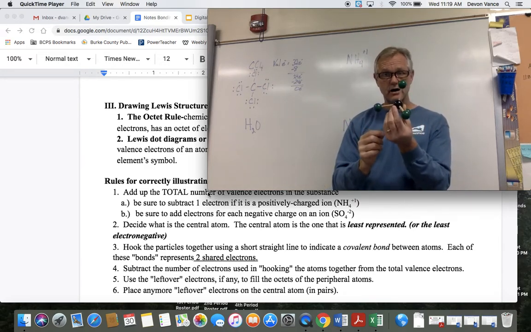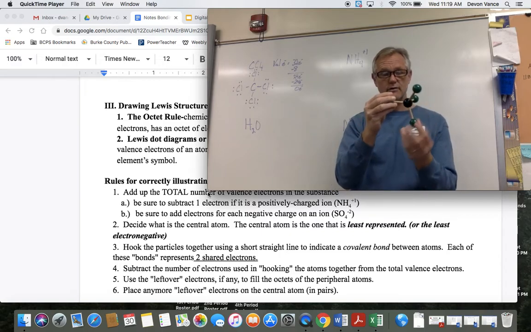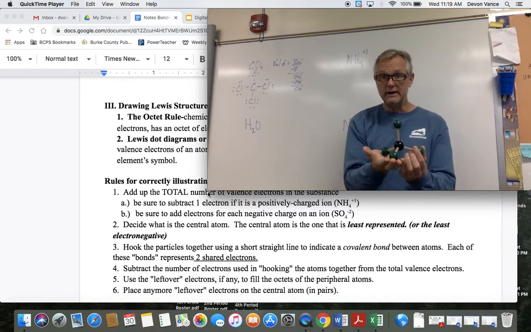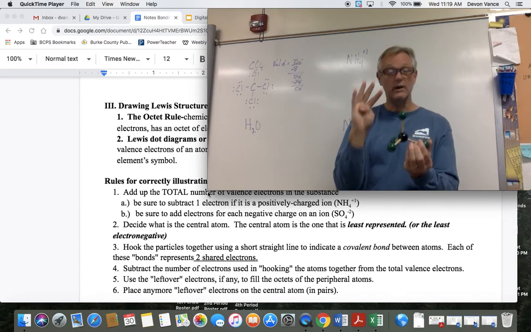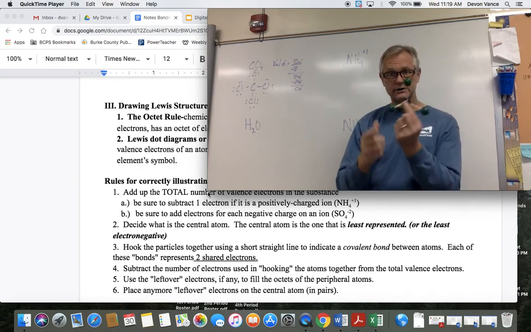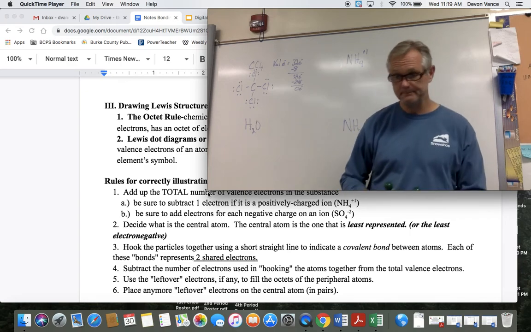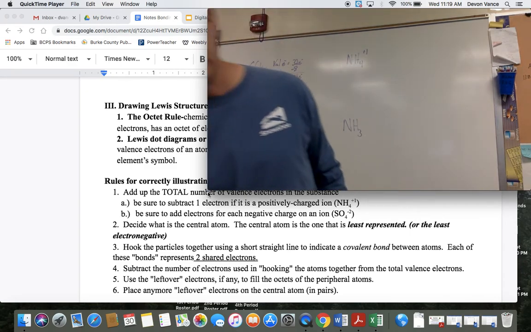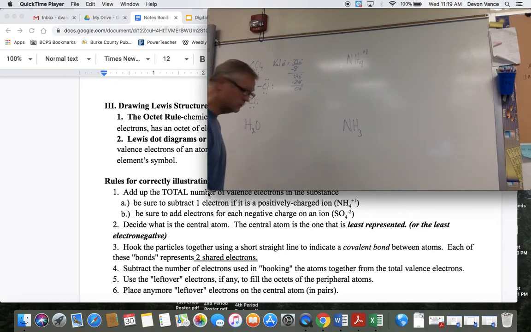So this is called a tetrahedral, and tetra means 4, like Tetris, 1, 2, 3, 4, 4 peripherals surrounding 1.